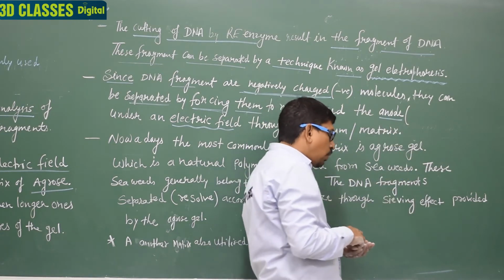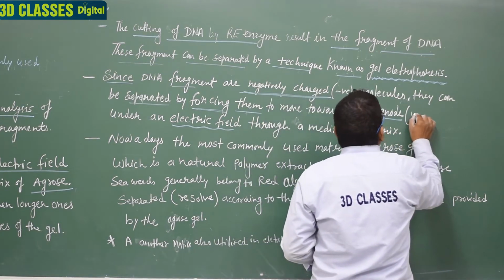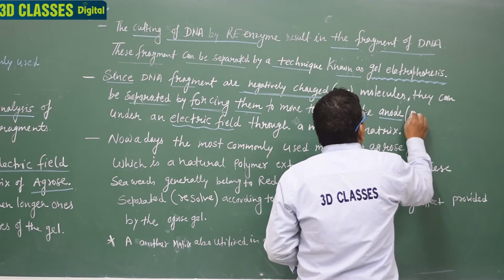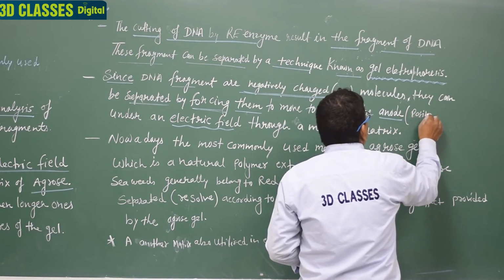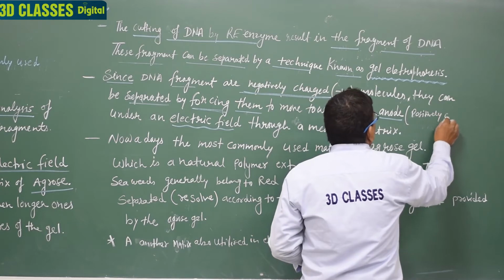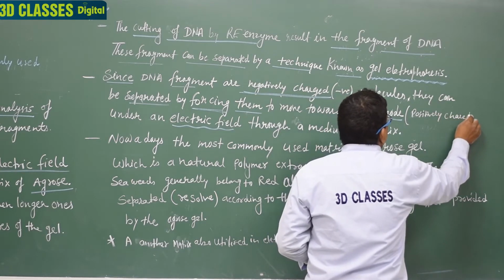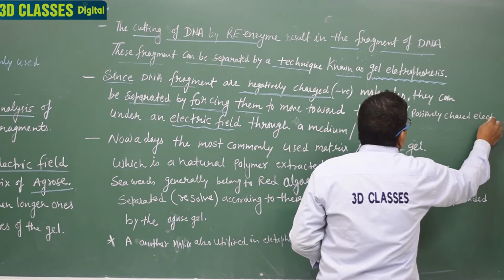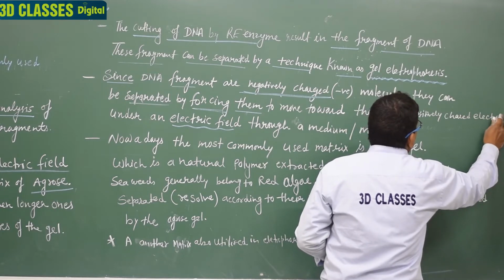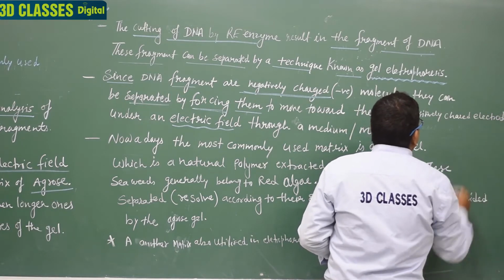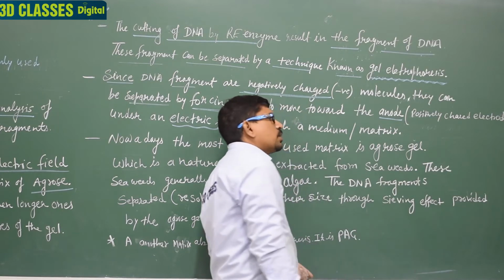What is the anode? Anode is the positively charged electrode. The positive charge electrode is known as the anode.